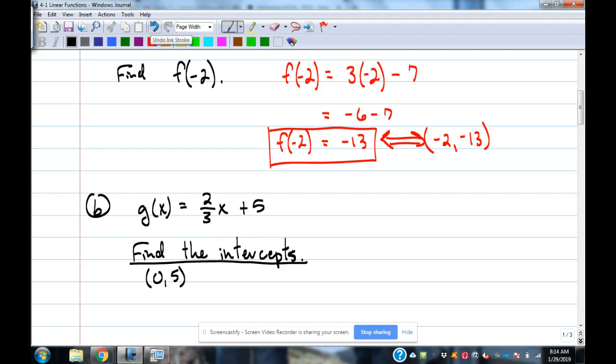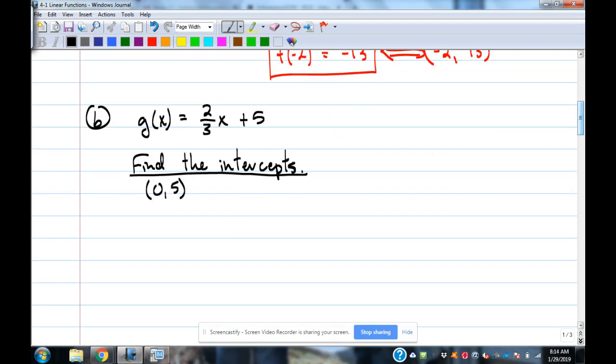How do we find the x-intercept? Put 0 in for y. Where's the y? There's not a y in my equation. Replace g of x. G of x is the same thing as y, so we set that equal to 0 and solve. Negative 5 is equal to 2/3 x.